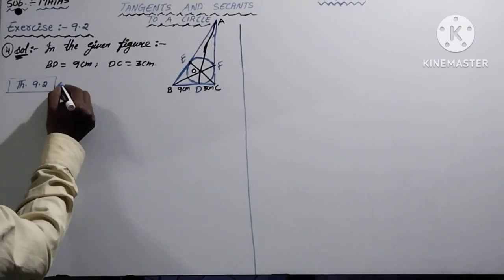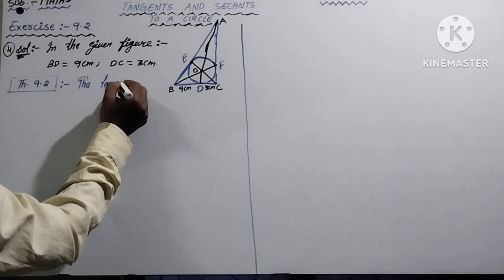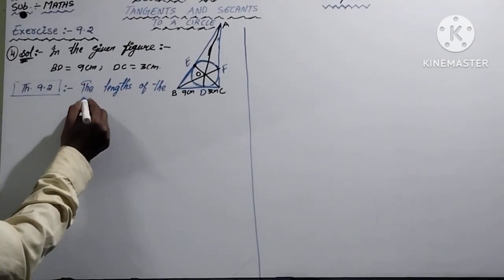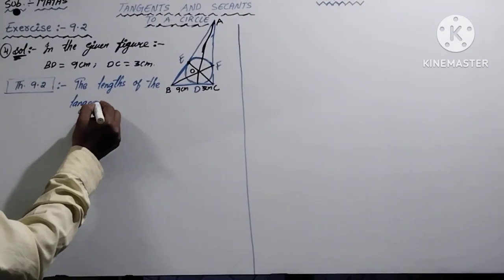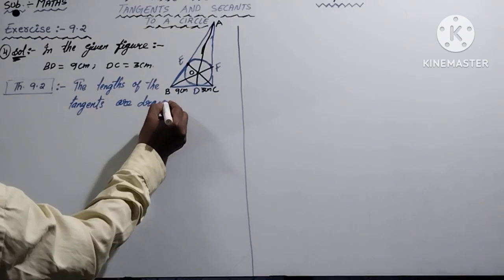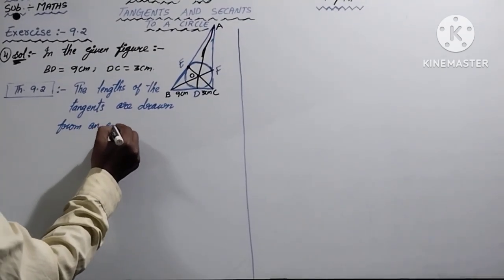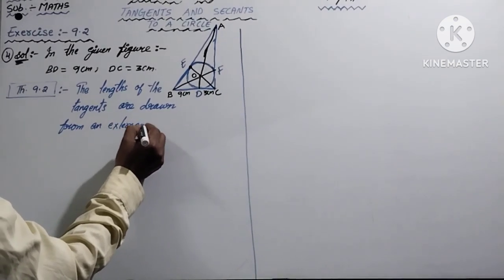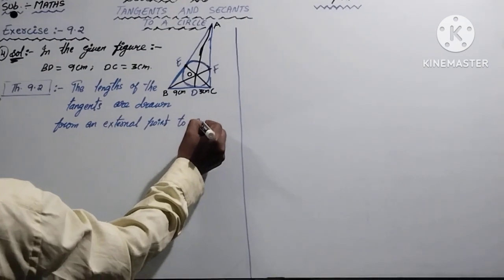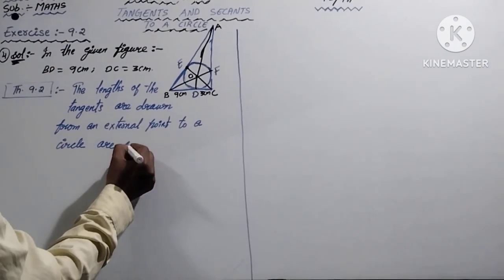Theorem number 9.2: the lengths of the tangents drawn from an external point to a circle are same or equal.